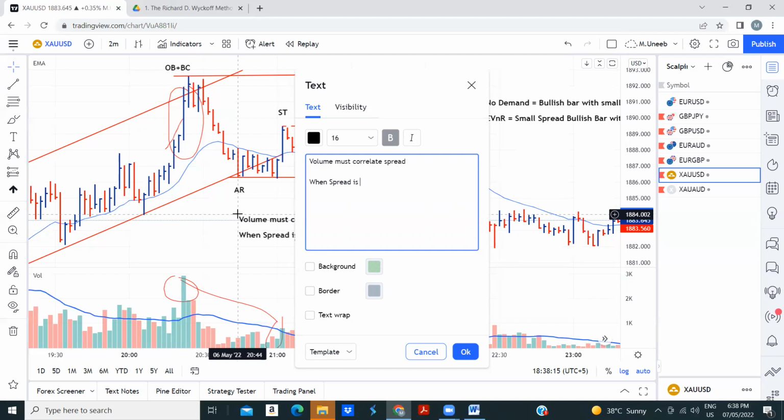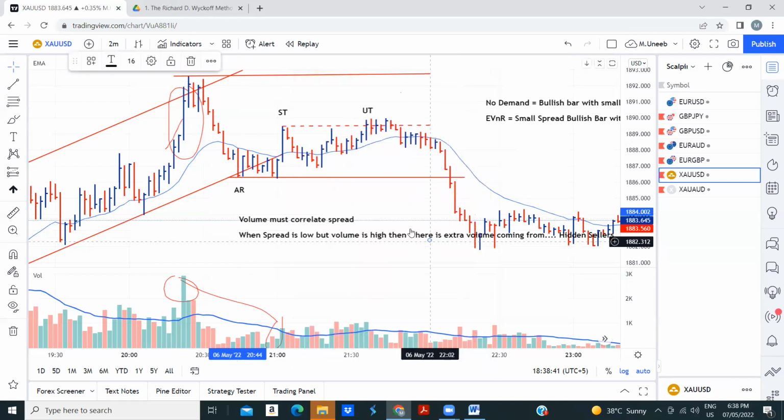It is coming from sellers, hidden sellers. Got it? Okay. Hidden sellers are forming the extra volume.